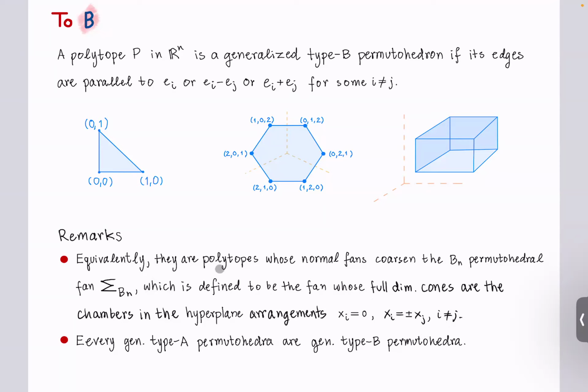Again, if you are not familiar, that will be fine. Another remark is that every generalized type A permutohedron is a generalized type B permutohedron by definition, because for type A you need edges to be in the direction e_i minus e_j. Any question about them?